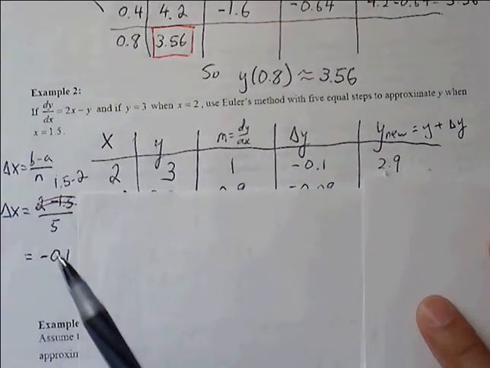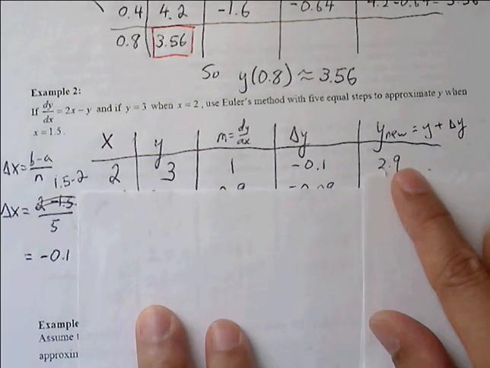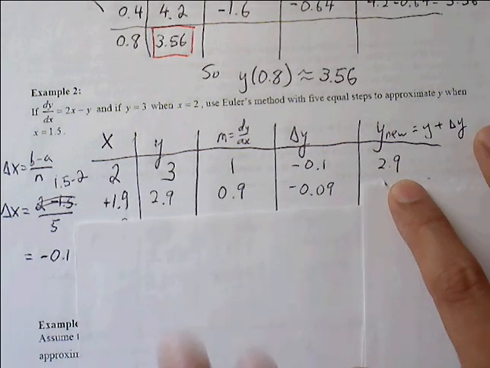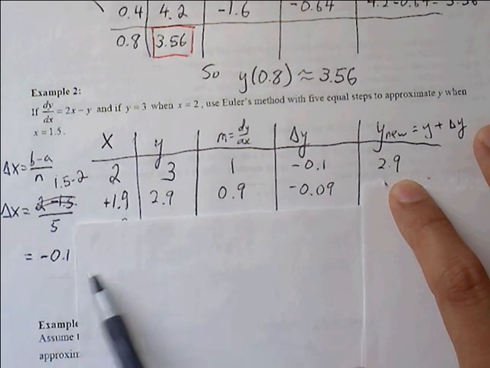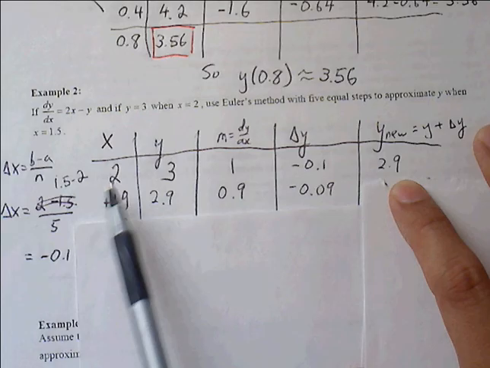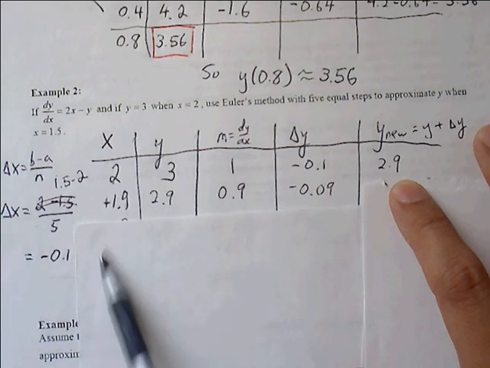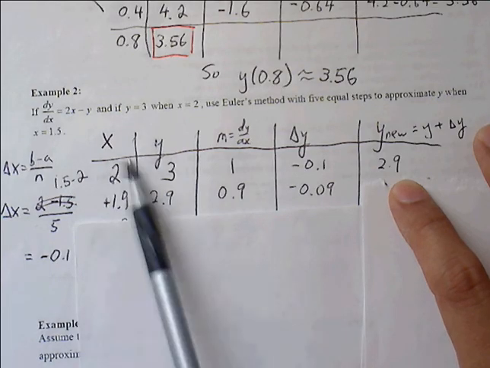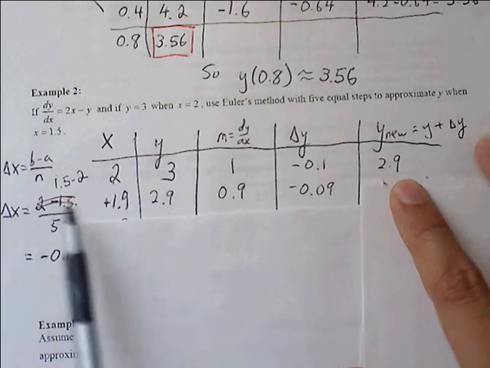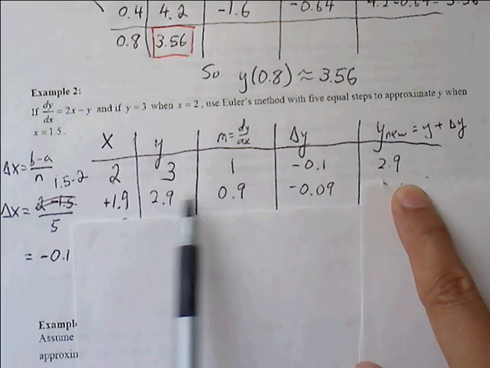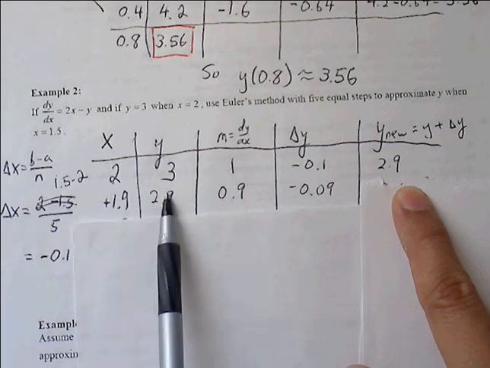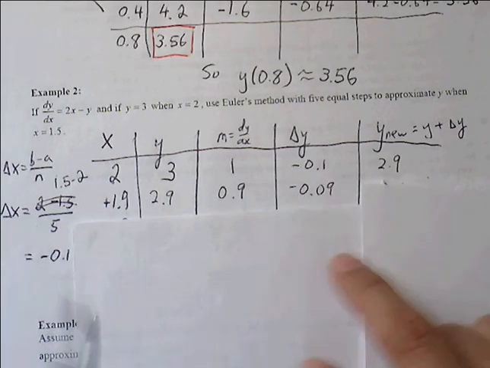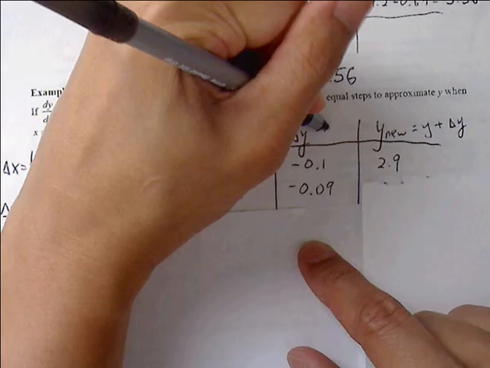Okay, we go down to the next line. X is now 1.9 because our step value is negative 0.1, so we're going to keep subtracting by 0.1 until we get all the way down to 1.5. And then we just follow through these steps. With 2.9, we find our slope given our x and y. We find our delta y, which is m times delta x.